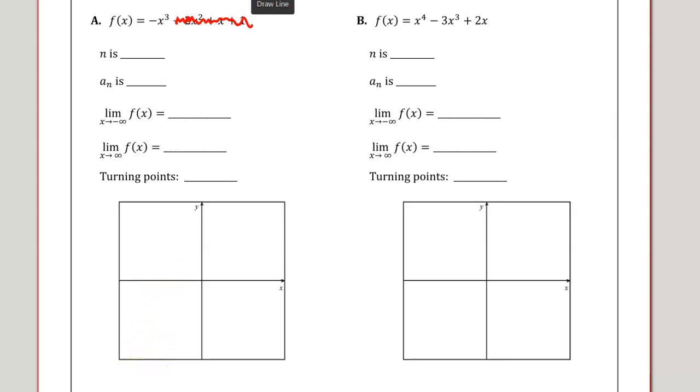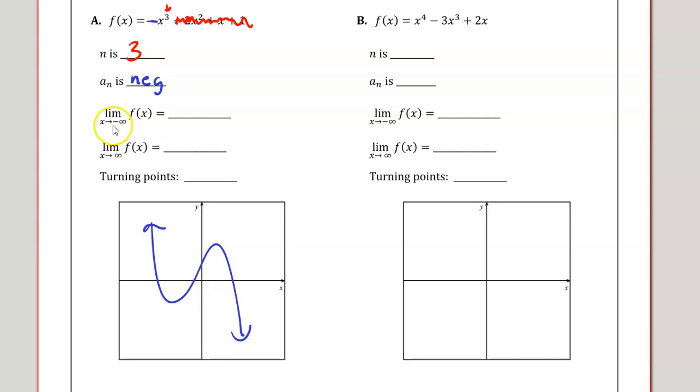However, I do notice that this is a degree 3, and that the leading term, A sub n, is negative. So I know it does this shape of some sorts. But I can describe the end behavior, and if I want to get more specific, I can.